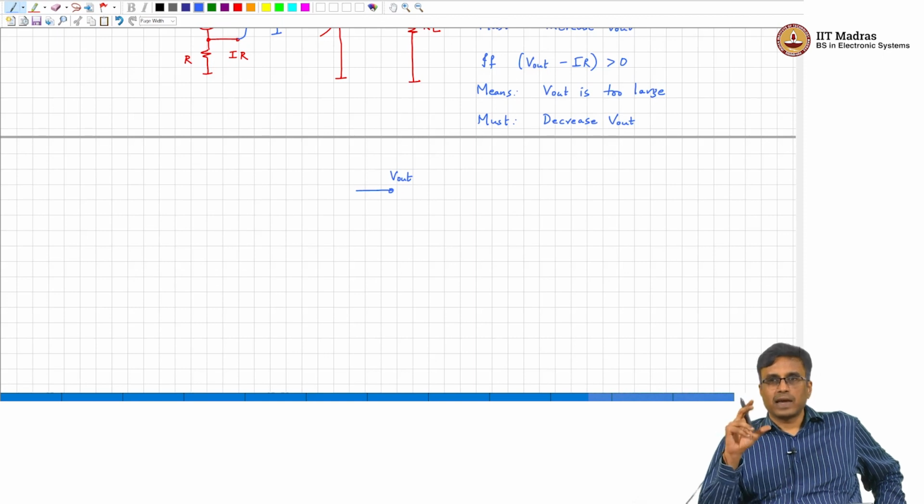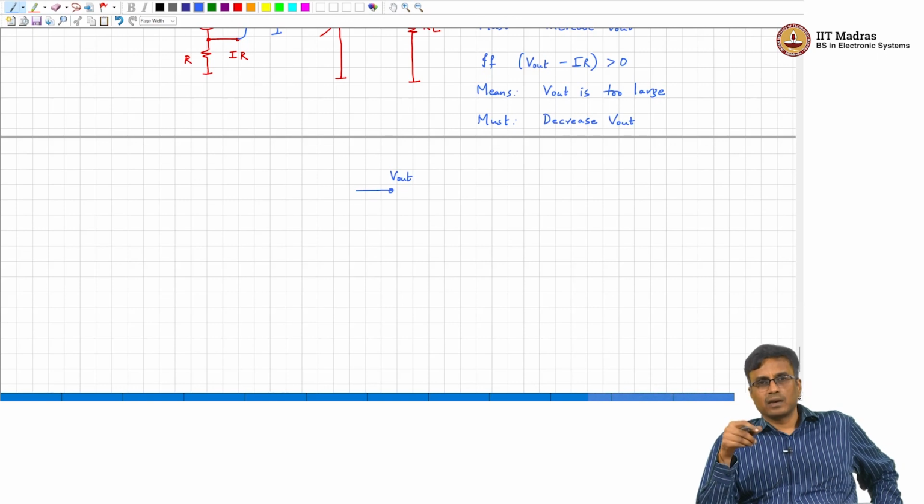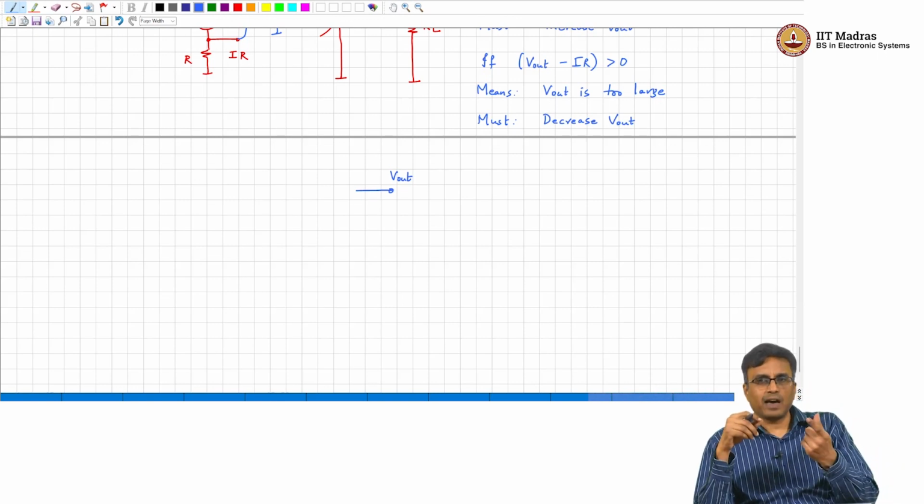I have a current source, I can give you an R. Can we figure out some way of generating this voltage V out minus a voltage which is I times R?